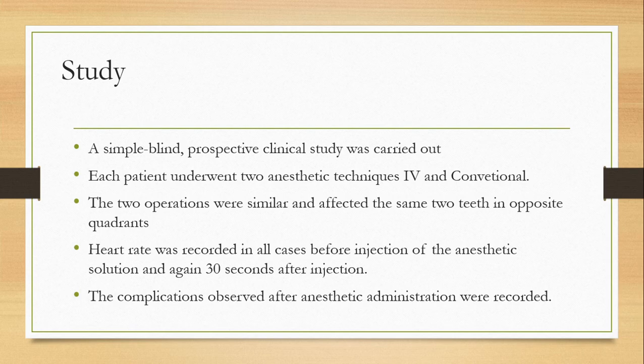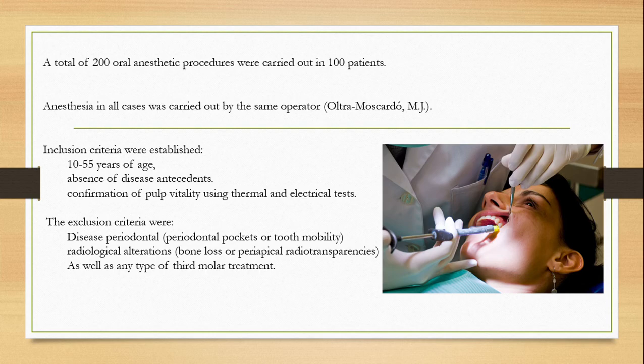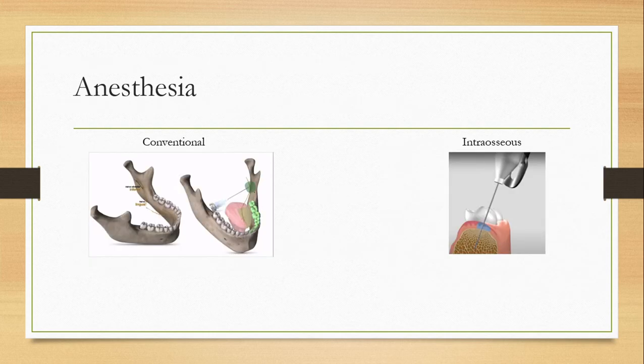Here at slide number 5, we can take a look at different types of anesthetics: the conventional one and the intraosseous. Intraosseous anesthesia, IA, allows direct placement of the anesthetic solution in the cancellous bone adjacent to the tooth programmed for anesthesia.